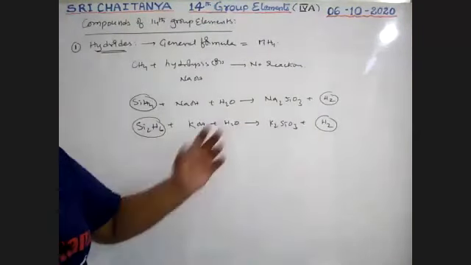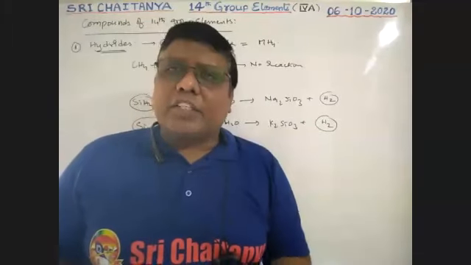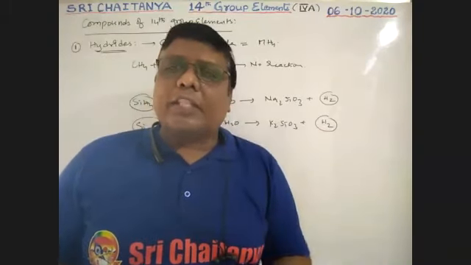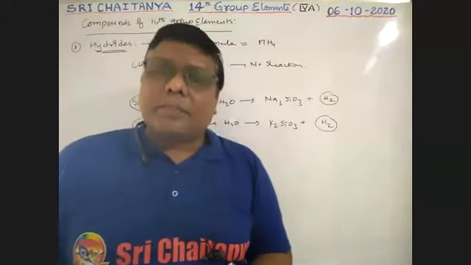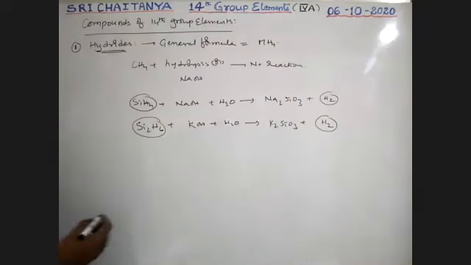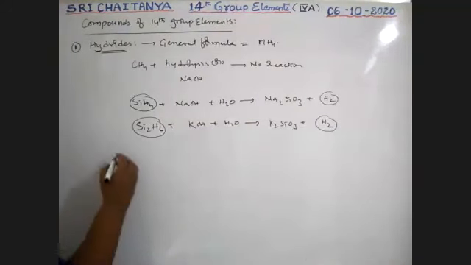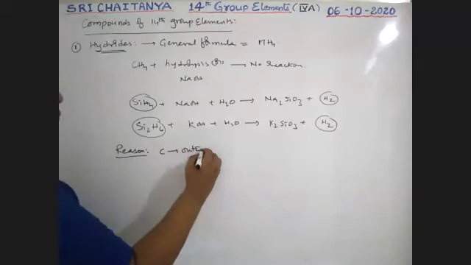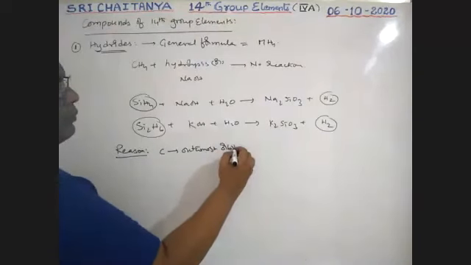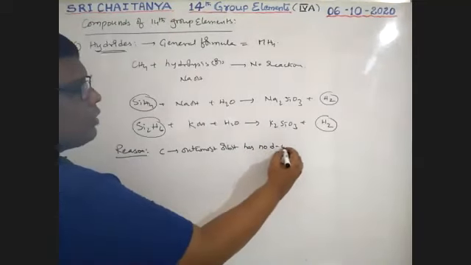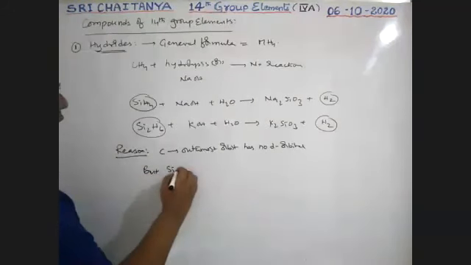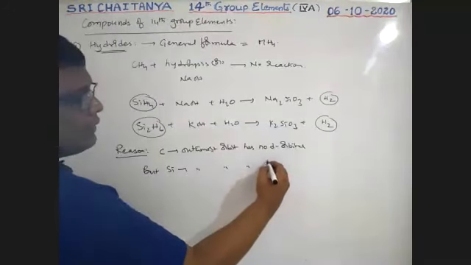Why, sir? Why is methane not involved in the reaction, but SiH4 is involved in the reaction with water? Because carbon has no d orbitals in the outermost orbit, but silicon has d orbitals. Reason: the carbon outermost orbit has no d orbitals, but the silicon outermost orbit has d orbitals.